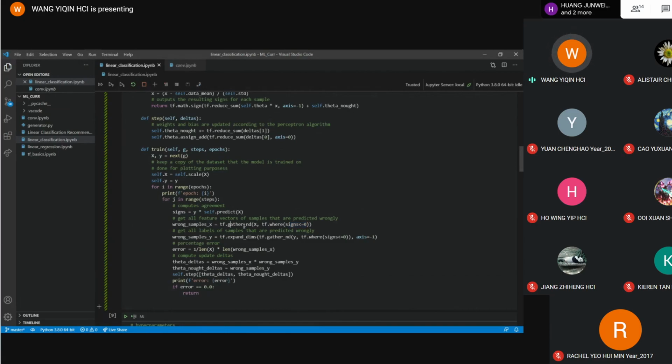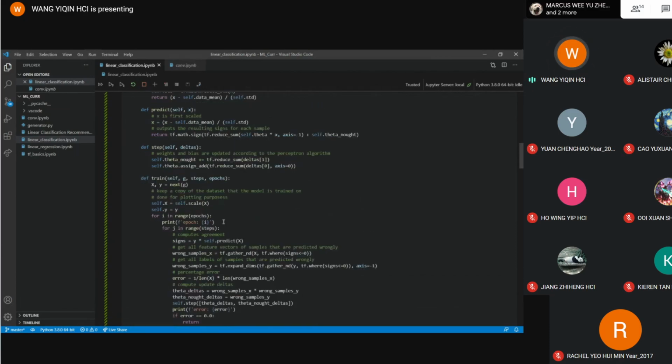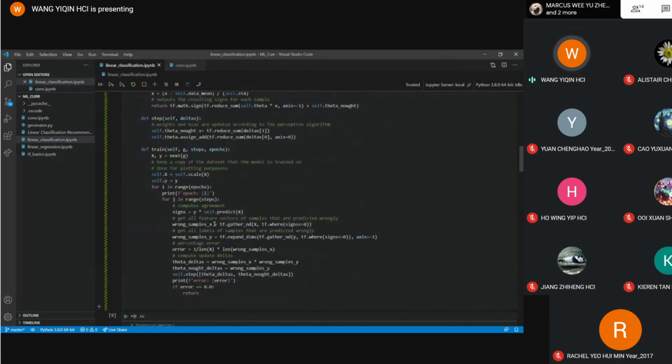And then I simply gather all the corresponding values from the training set with the identified indexes, and they will return all the wrong samples. And I'm doing the same thing for the Y samples. I'm just expanding the dimensions so that the shapes will be compatible later. So in this case, this should be 640 by 2. This should be 640 by 1.